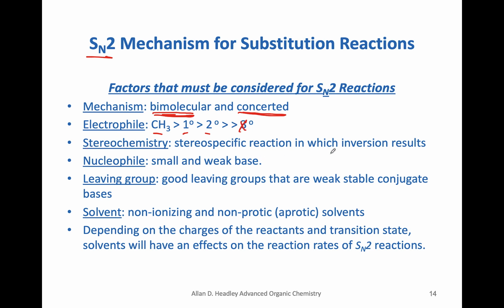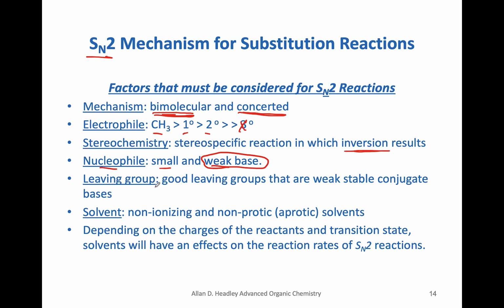Stereochemistry, there is inversion of configuration in going from the reactant to the product. The nucleophile has to be small and a weak base. I didn't emphasize that before, but you need a weak base, because if there's a strong base, there will be elimination, which we'll cover in the next section, in the next chapter of this course.